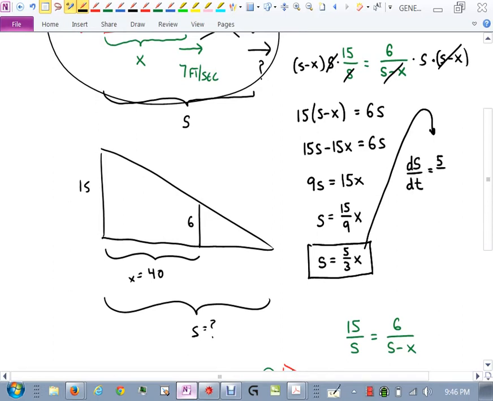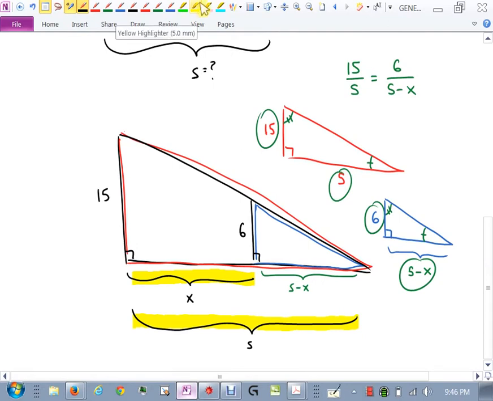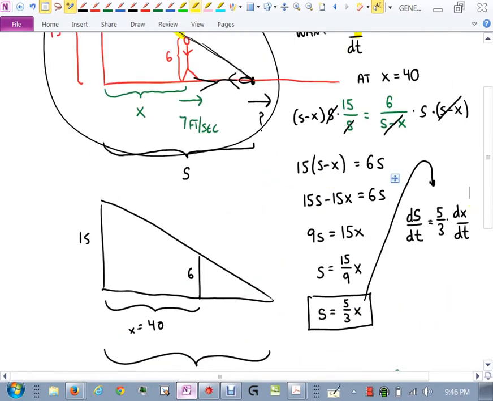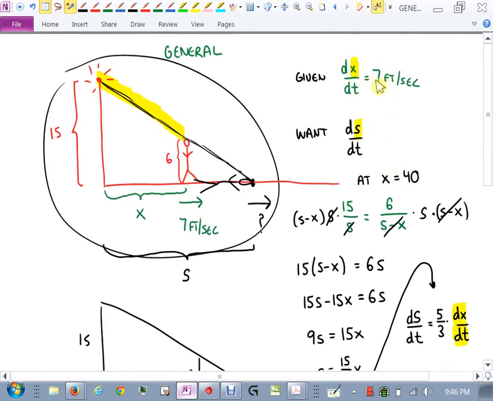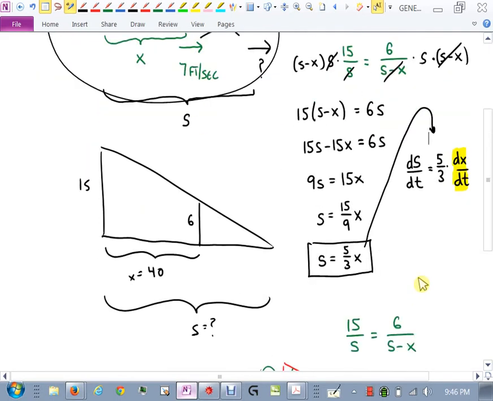Derivative of the right side, we have a constant, and then the derivative of x is dx dt. I know what dx dt is. It is 7, and ds dt is what I want. So if I just plug a 7 in here, then I'll get that ds dt is equal to 7 times 5, which is 35 over 3.